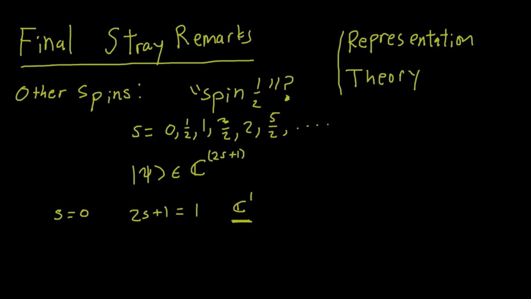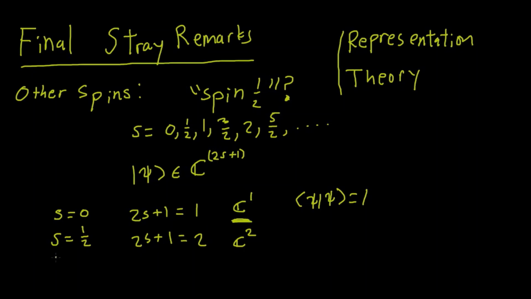But these are actually extremely boring because all of our states need to have norm 1. A one-dimensional vector with norm 1 is just nothing interesting about that. Now if you have spin a half, which is what we've been talking about this whole video, then 2s plus 1 equals 2, and then states live in C2, and that's decently interesting.